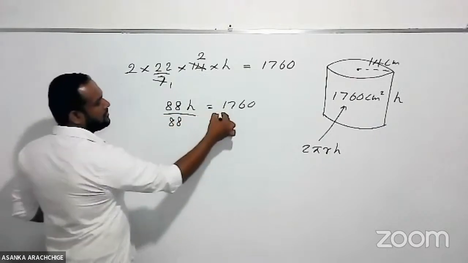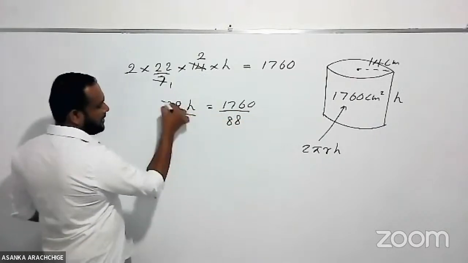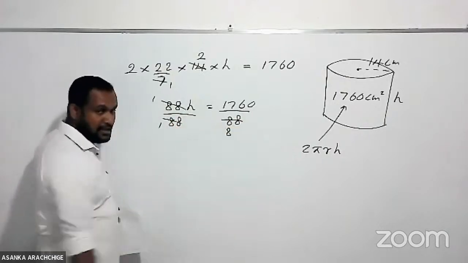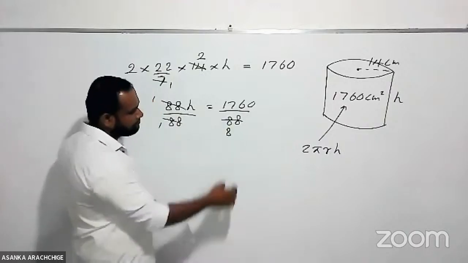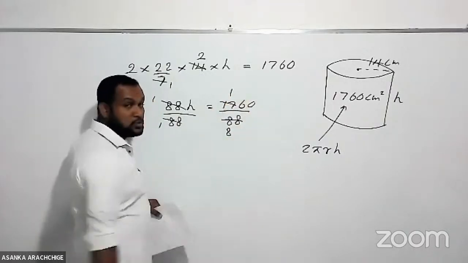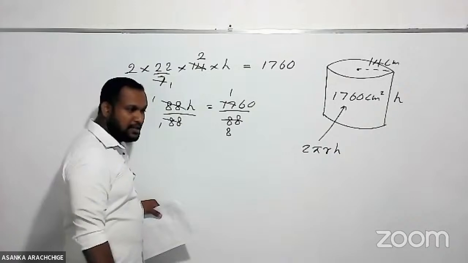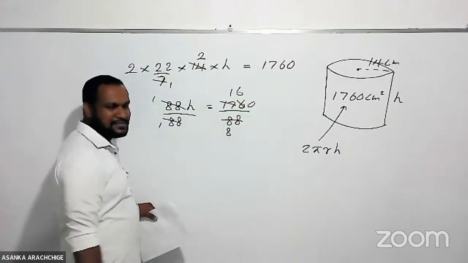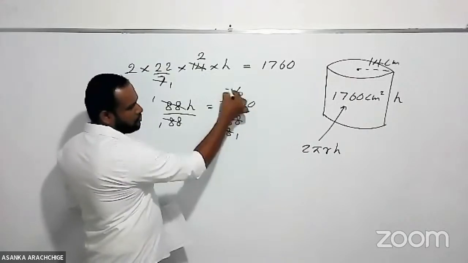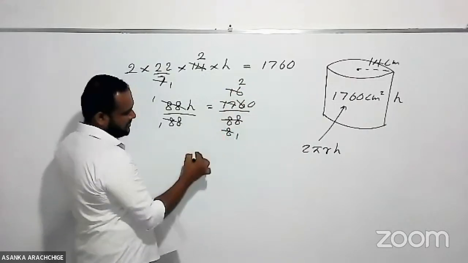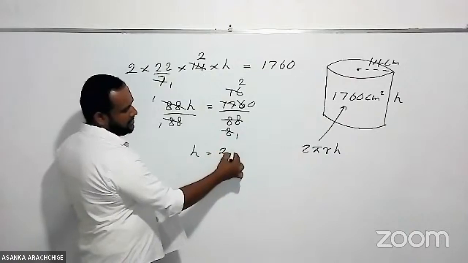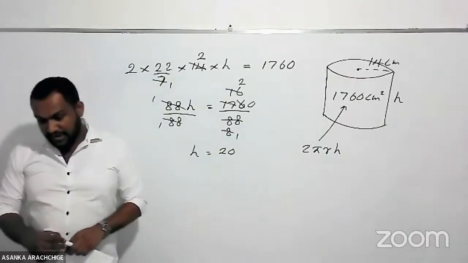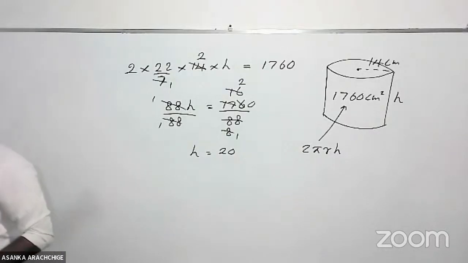Now divide the equation by 88. 11 times 8, 88. 11 times 1, 11 and 6 remaining. 6 and 6, 66, 11 times 6. 8 times 1, 8 times 2 and 0. h is equal to 20 centimeters.